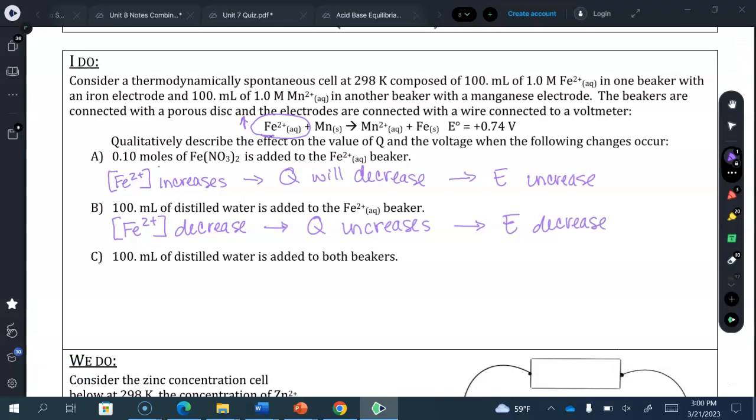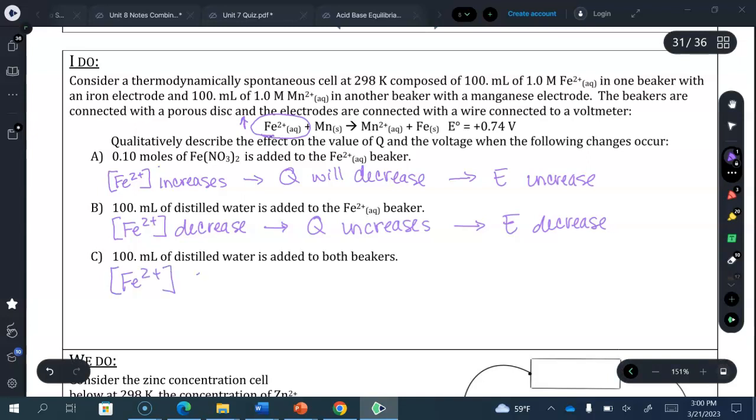Next, 100 milliliters of distilled water is added to both. Well, since we're adding it to both, the iron and manganese concentrations both decrease by the same ratio.